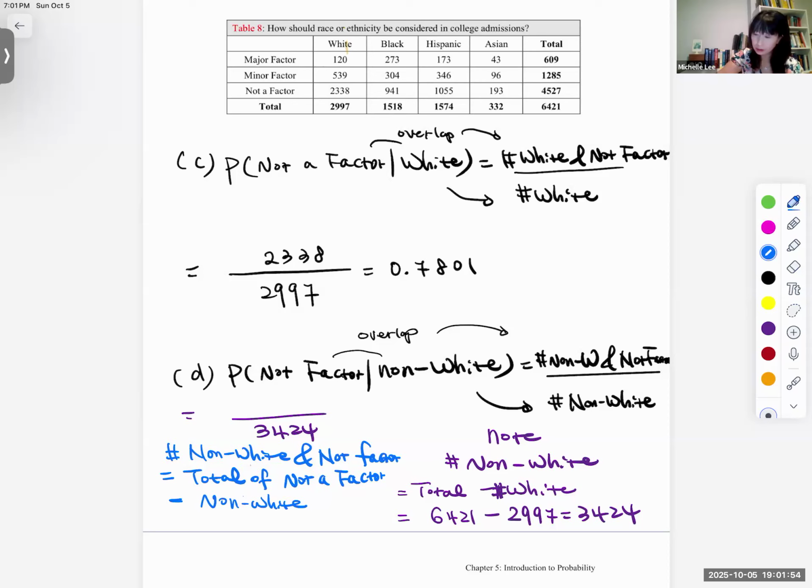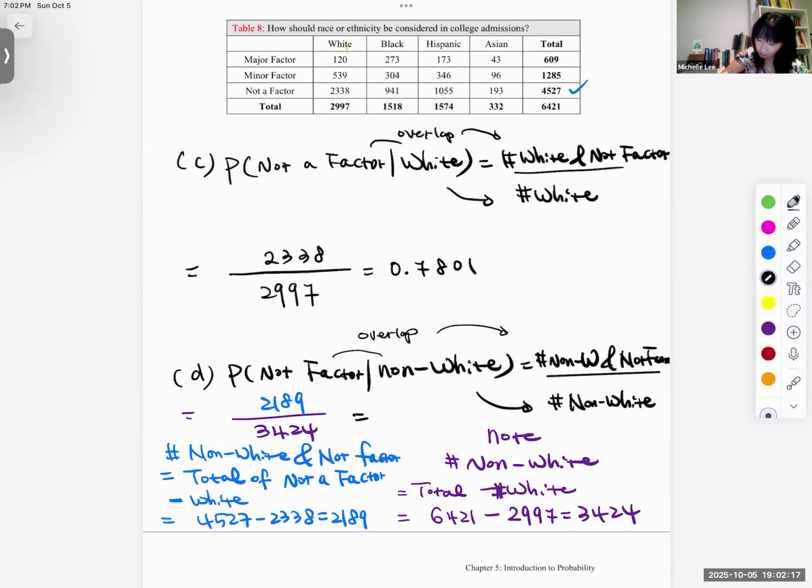I mean white. White. Sorry, my brain cannot think today. Yeah, so the total in that case is 4,527 minus white, 2,338. Then we get 2,189. Yeah, that is the one.